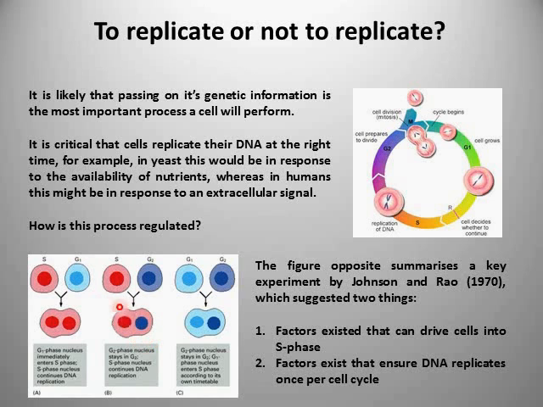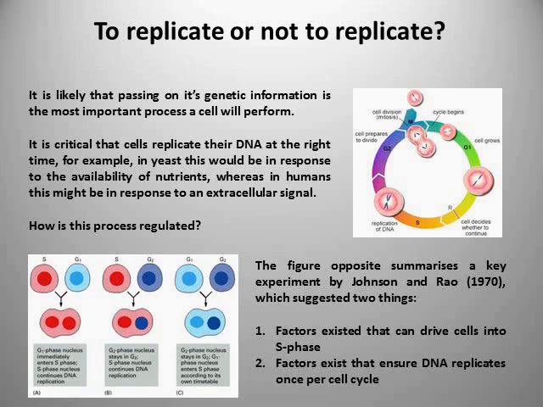So what that tells you is whatever factors are present in an S phase cell which can drive a G1 phase cell into DNA synthesis, those same factors cannot drive a G2 phase cell into DNA synthesis. Or to say that in another way, once cells have replicated their DNA once and they're in G2, there is something there that prevents that process from happening again.